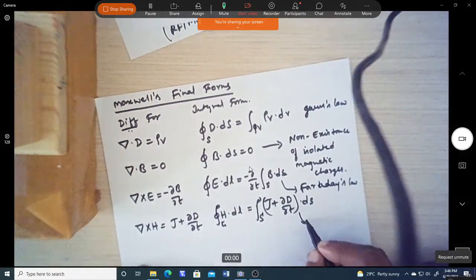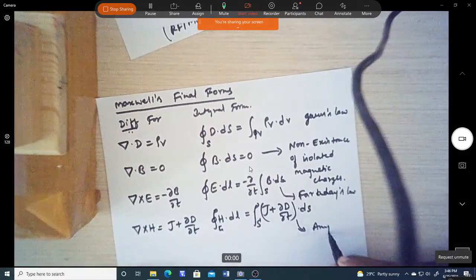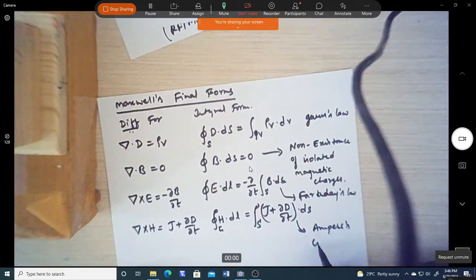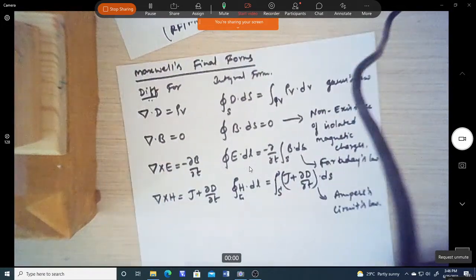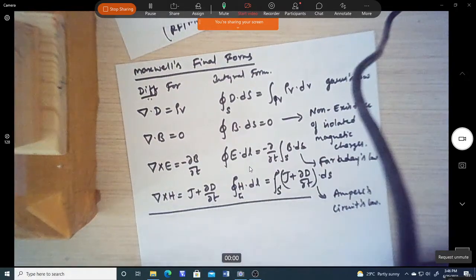So this is the modification of your Ampere's circuital law. This is the final form of the Maxwell's equations.